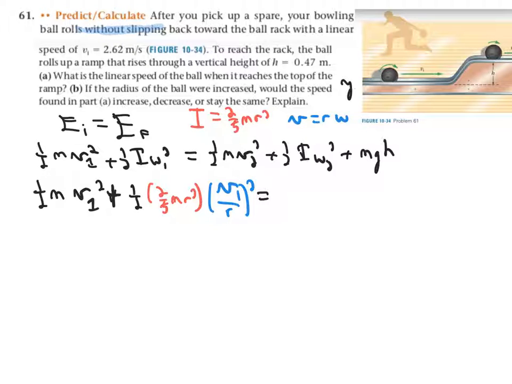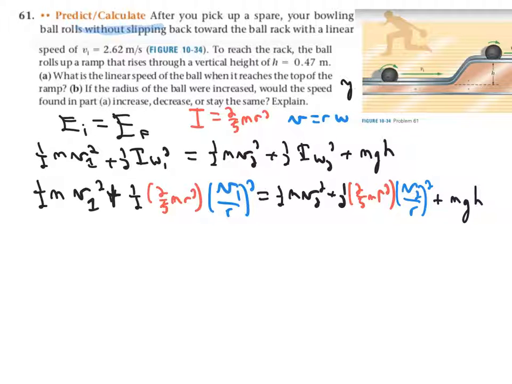And that's got to equal 1/2 mv2 squared plus 1/2, and the same sort of logic here, 2/5 mr squared and v2 over r quantity squared. And then we still have, tagging along, the gravitational mgh.